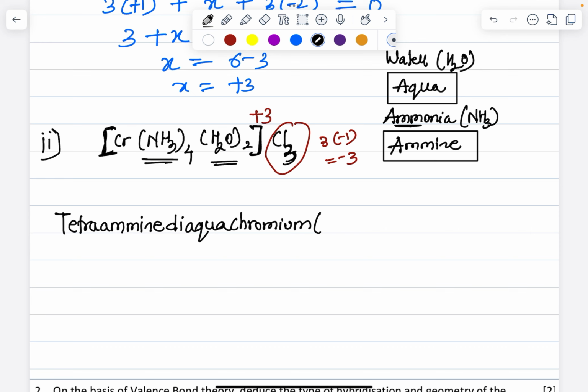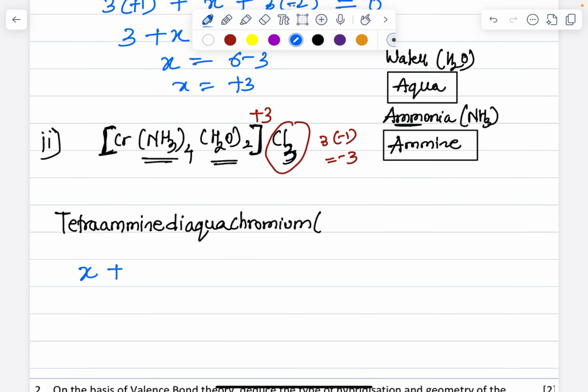Let's find that. I am taking chromium as X. 4 into ammonia is 0, plus 2 into water is also neutral, equals plus 3. Therefore, X is equal to plus 3. Means in the coordination sphere, the answer will be plus 3.